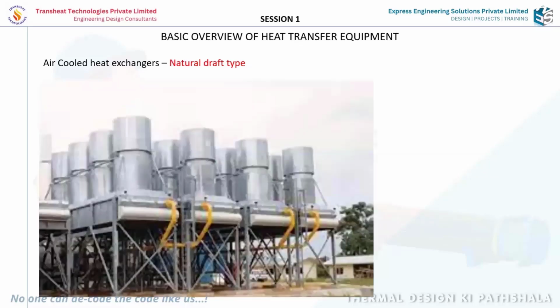Now, this is a natural draft unit where there is no fan involved. Now, if there is no fan, how does the airflow occur? The airflow occurs because of the chimney effect.